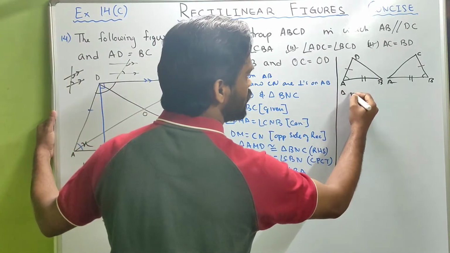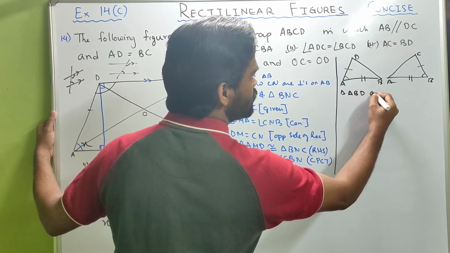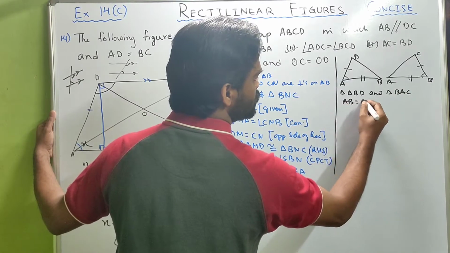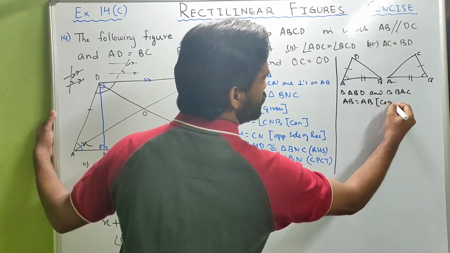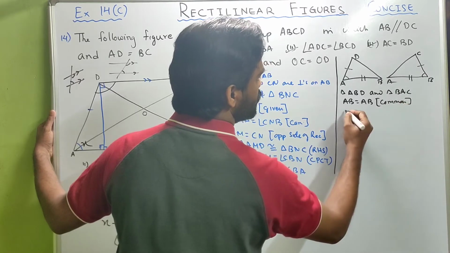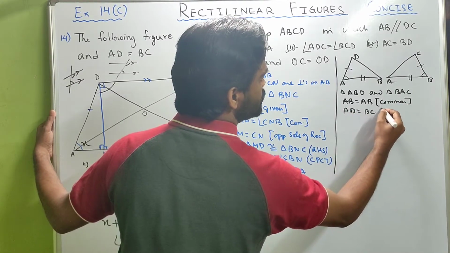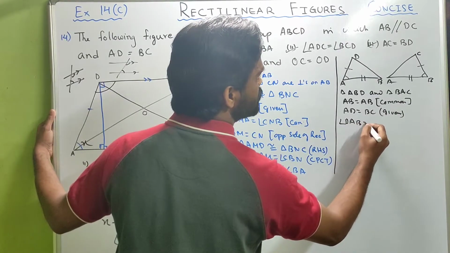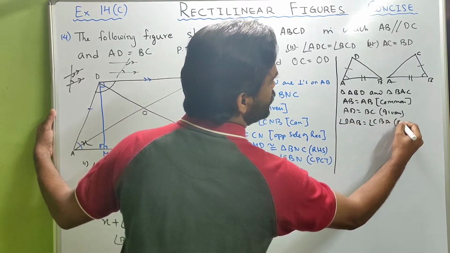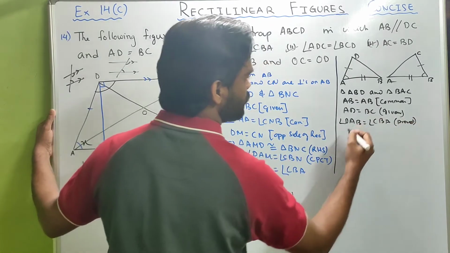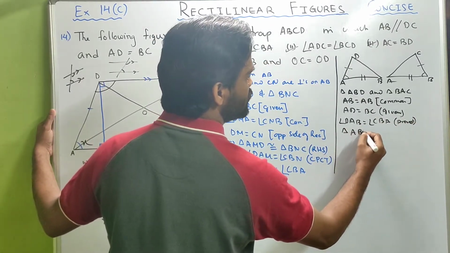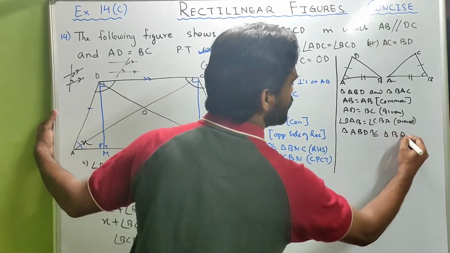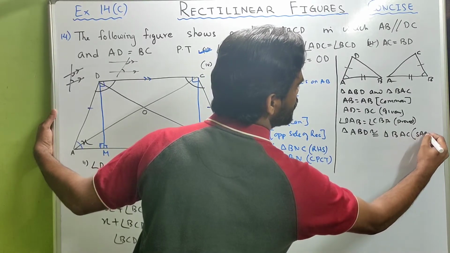Look, in triangle ABD and triangle BAC, AB equals AB, that's common, isn't it? AD equals BC, that is given to us, and angle DAB is equal to angle CBA, already proved, which means combining these three we can say that triangle ABD is congruent to triangle BAC, that's side angle side.